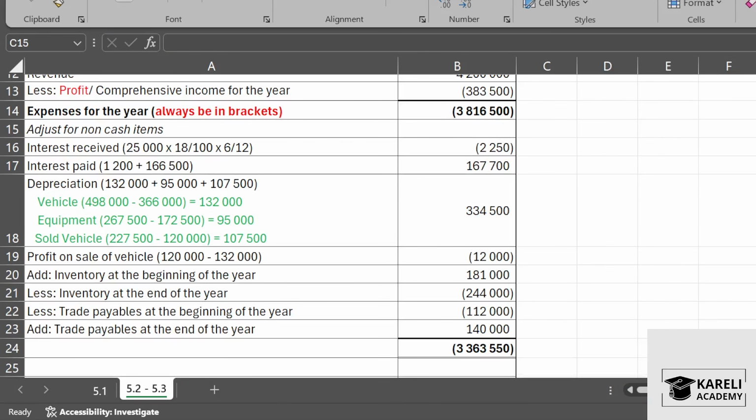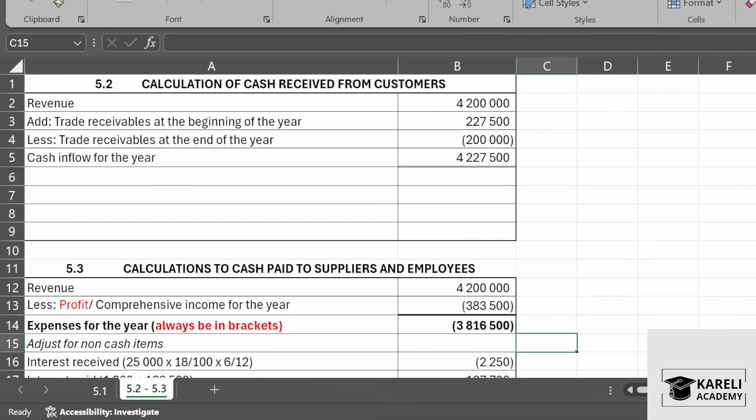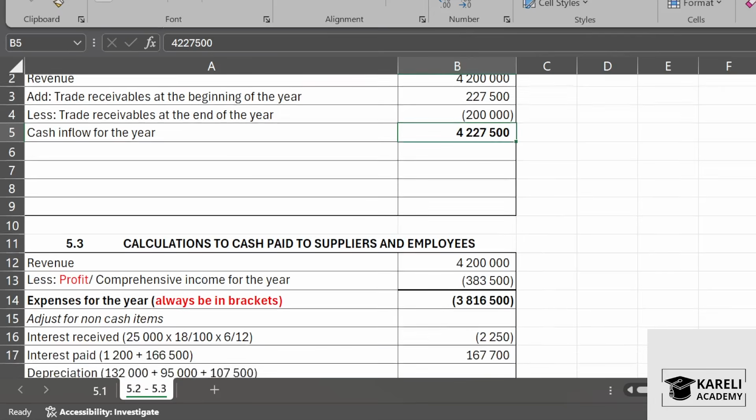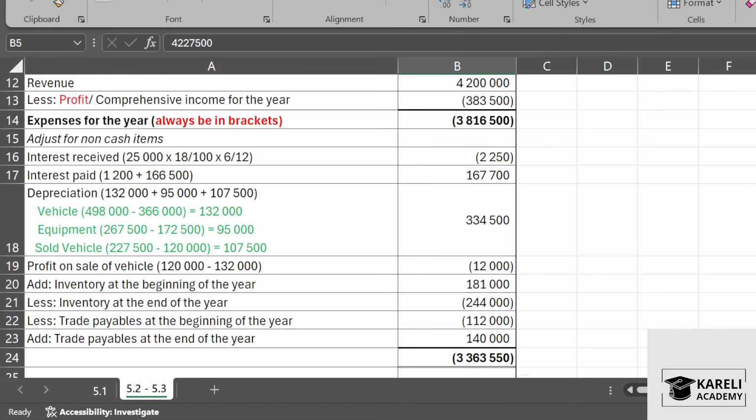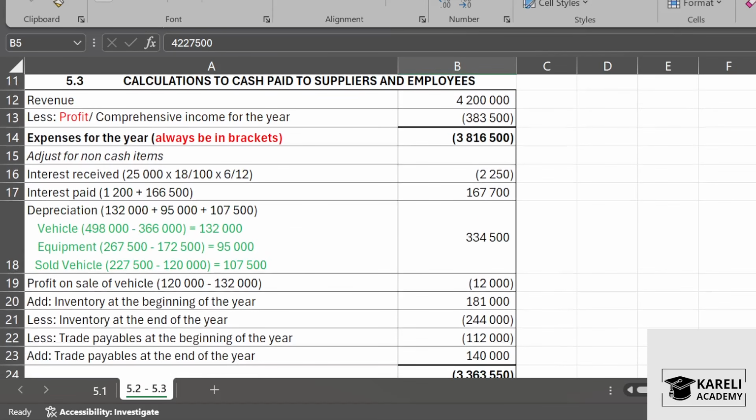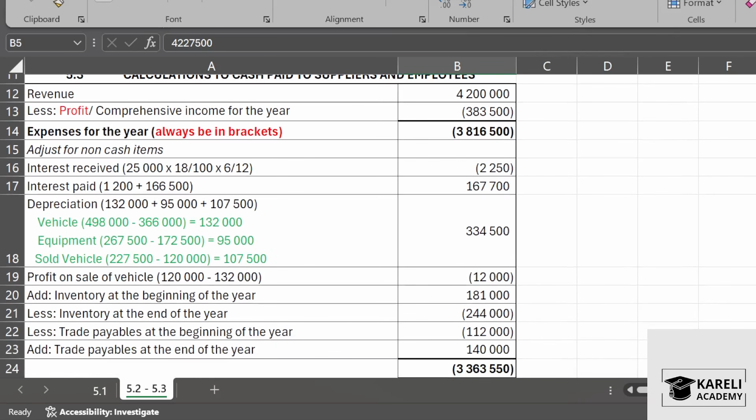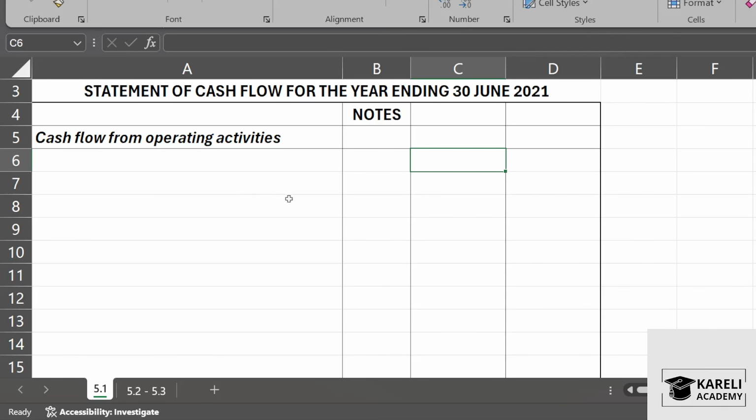Now, students, you have your calculation for cash receipts from clients, that is 4,227,500, and you also have your calculation or note for cash paid to suppliers and employees. Here they are. Now, as they are, you take them to the statement of cash flow. Now we are starting with the statement of cash flow.